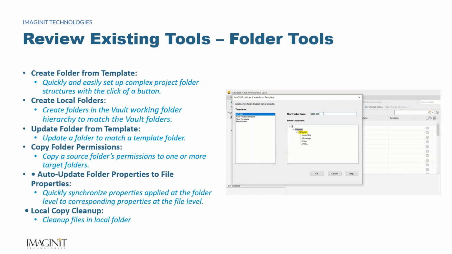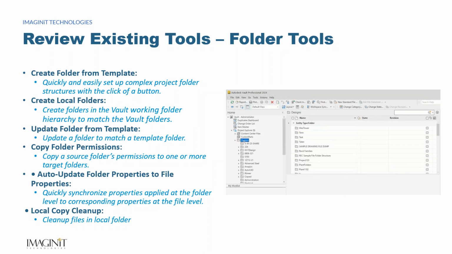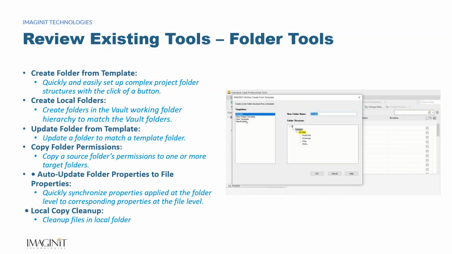I mentioned the idea of creating local folders, being able to take a Vault folder and create it locally. There's also a tool to clean up files in a local folder. So for a long time, we've had the workspace sync. This is kind of like that, except at a smaller level. Instead of looking at your entire Vault, it's going to look at a particular folder and say, hey, what's in Vault does not match what's in this folder.